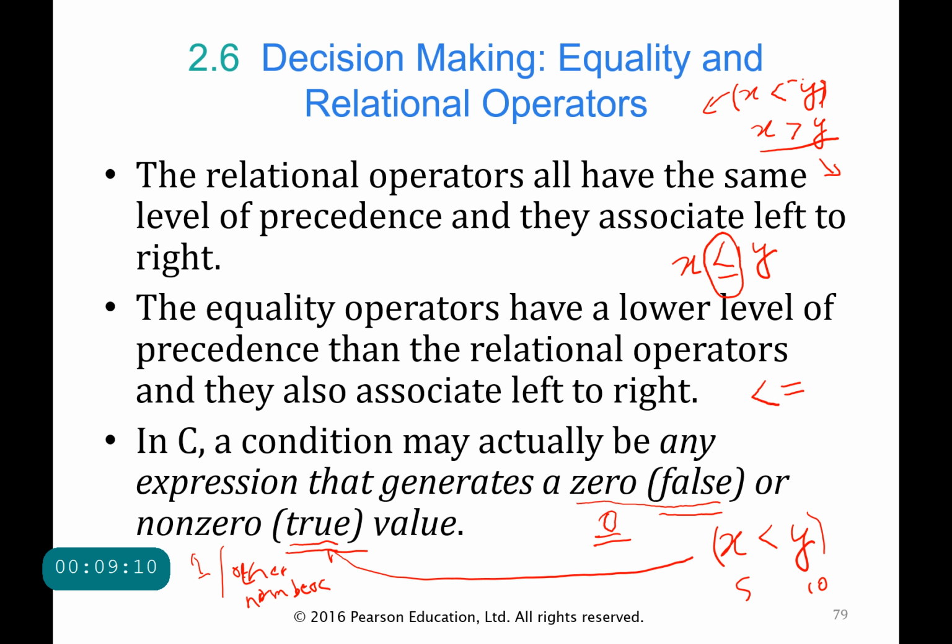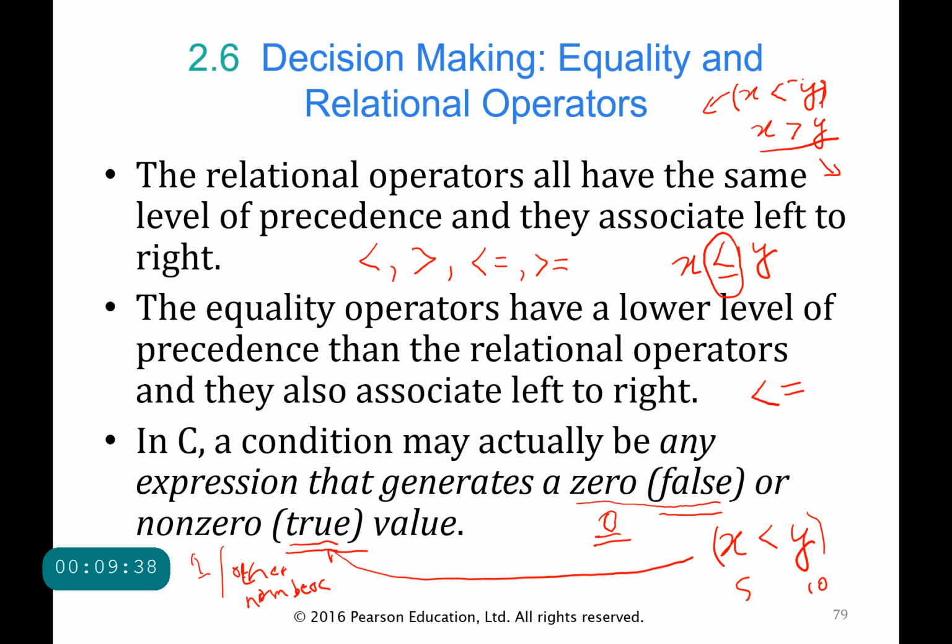And in terms of precedence, all relational operators have the same precedence. So these relational operators, less than, greater than, less than or equal to, greater than or equal to, all of these have the same precedence.